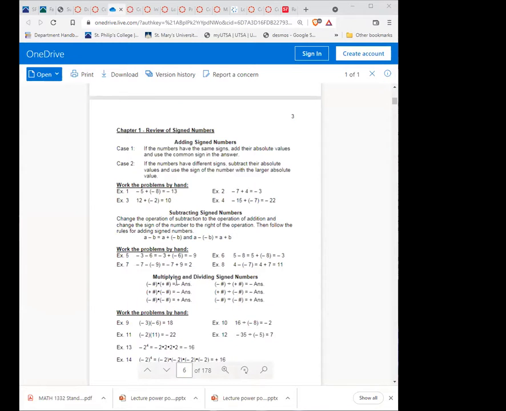Page 3 says, if the numbers have the same signs, you just add their absolute values, and then you just keep the sign. Use the common sign in the answer. So what that means is if they're both negative, you just add them together as if they were positive. 5 plus 8 is 13, and you just keep the sign. You see what I'm saying?